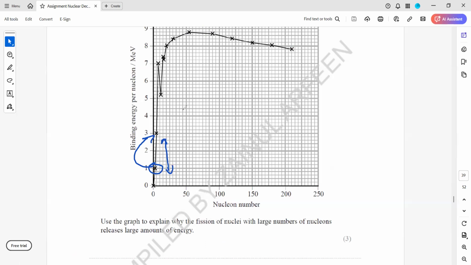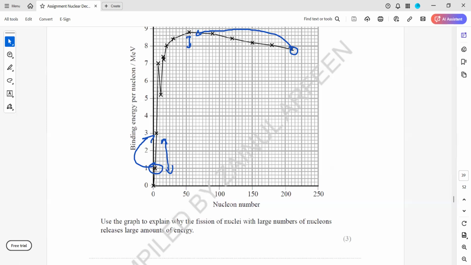So the increase in binding energy is more, so the energy release will be higher. Here, the increase in binding energy will be less. Even the heaviest nuclei will undergo a fission, break down, but the increase in the binding energy is low. So as a result, a smaller amount of energy is released.